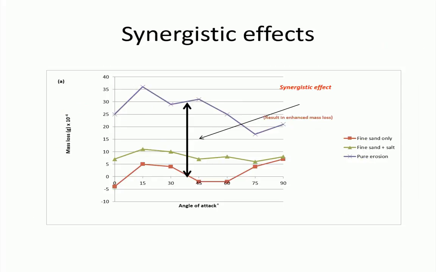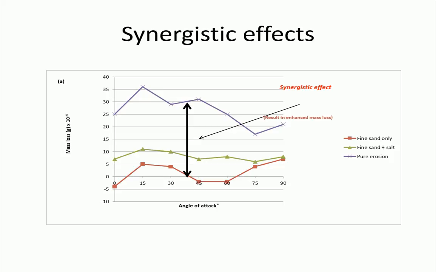Now, one of the things in tribocorrosion that we like to measure is the synergistic effect. That is the enhancement or otherwise of the surface due to the chemical degradation.